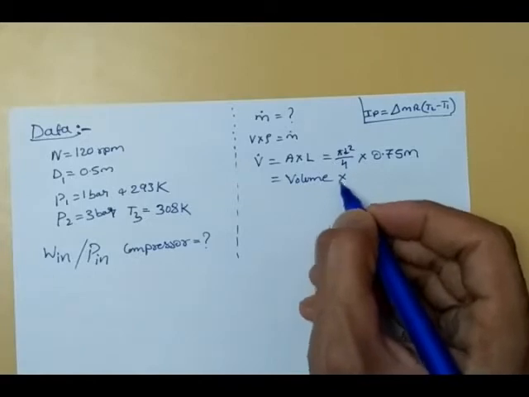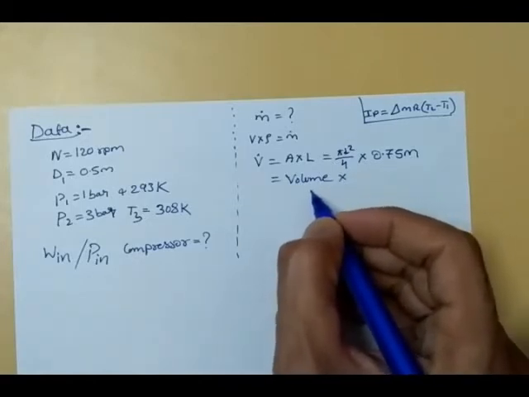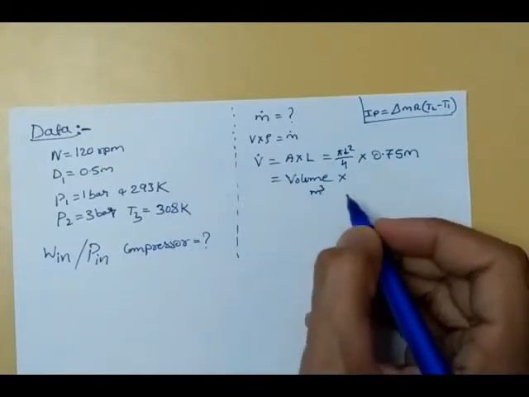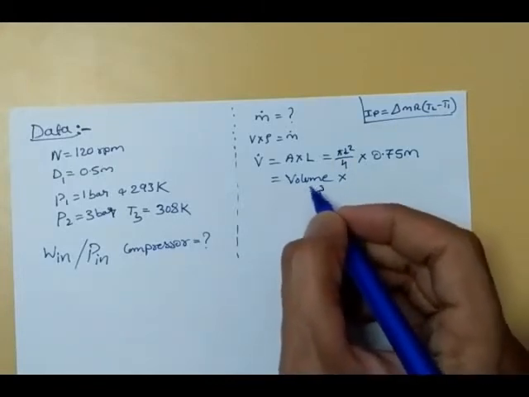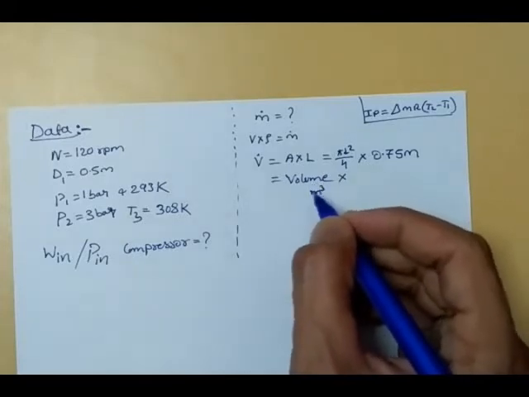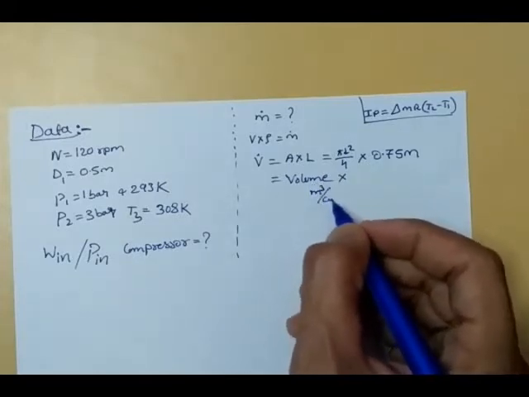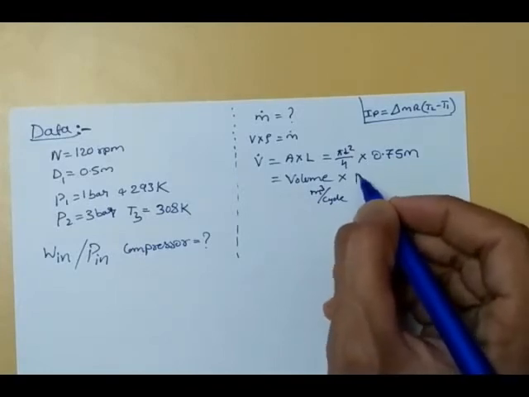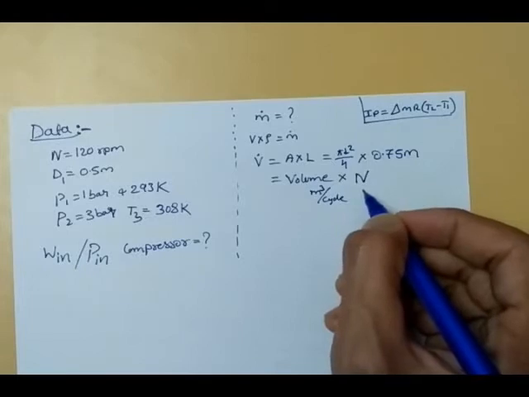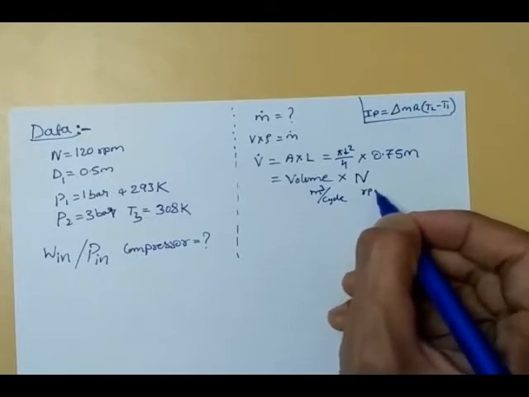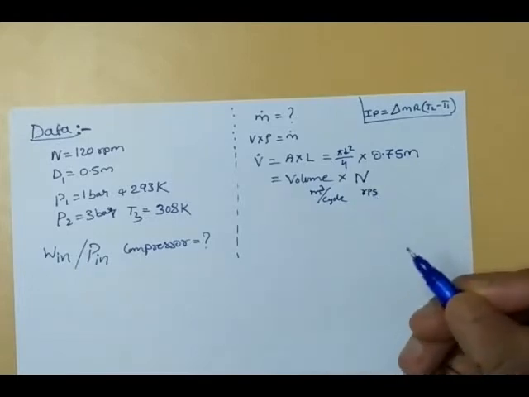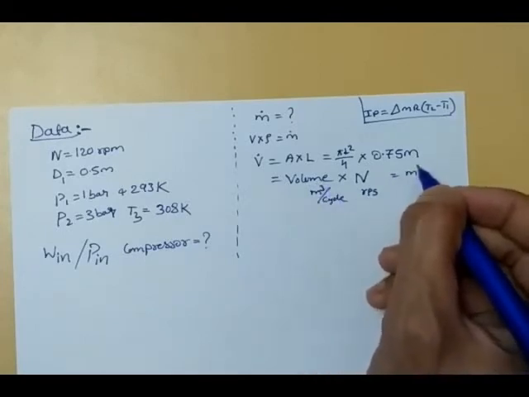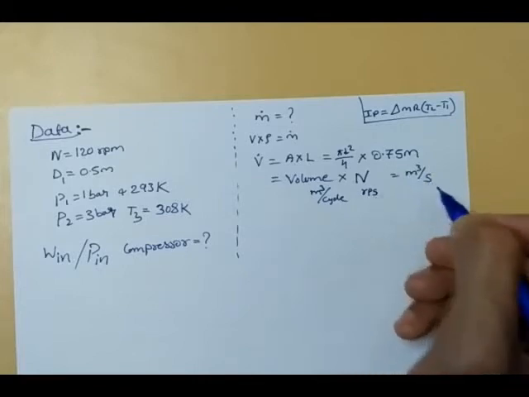This volume is in terms of meter cube. This is the volume that the compressor takes for one cycle. So if I multiply that with the number of cycles, that is n, that is rps, if I take it in terms of rotation per second, I will get the answer as meter cube per second.